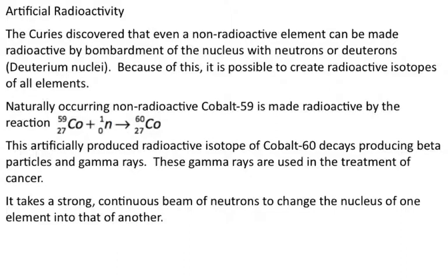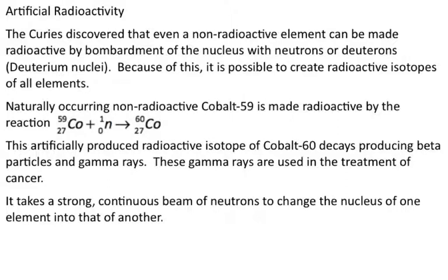Well, cobalt-60 is radioactive. In nature, there is some cobalt-60, but most of the cobalt-60 we know of is actually artificially created. Cobalt-59 is incredibly common, and it's relatively easy to make it accept a neutron into the nucleus. When cobalt-60 decays, we have beta particles, electrons, as well as gamma rays.